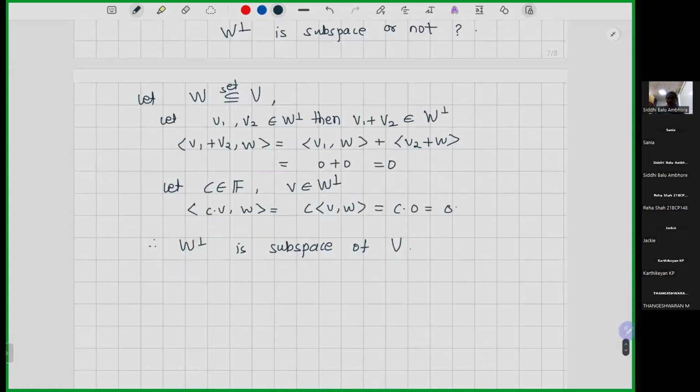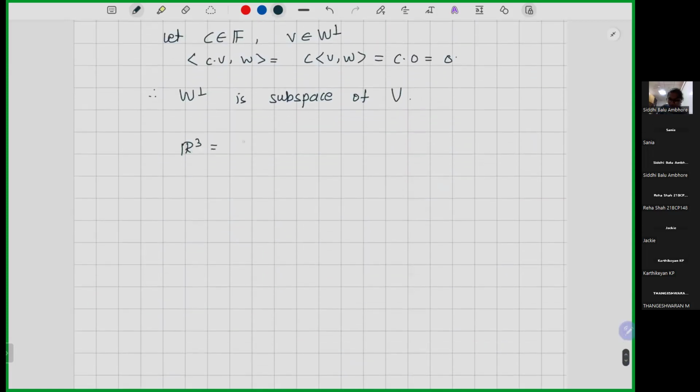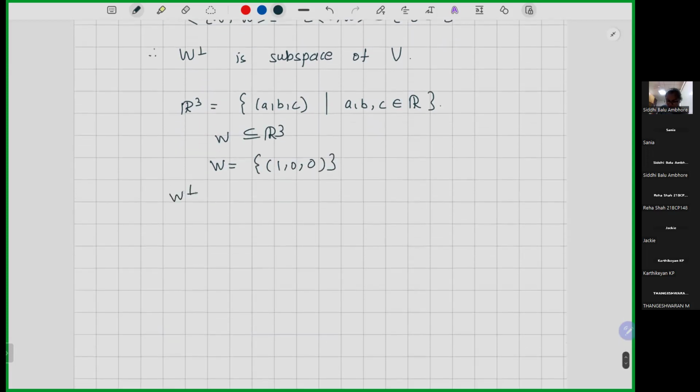I mean R3, what elements does R3 have? R3 elements are of the form A, B, C such that these are in R, right? And this element W is inside R3. And what I am saying is my W is (1, 0, 0). So what will the definition of W perp be here?